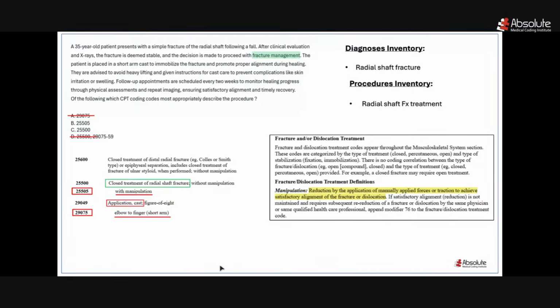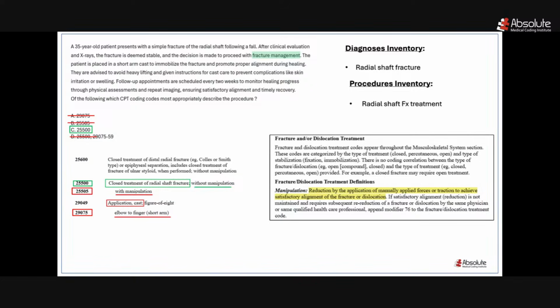I don't see such language in the scenario, which means a fracture treatment was performed without manipulation. Yes, there was no such documentation, and that eliminates option B, which makes option C the correct answer: 25500, a closed treatment of radial shaft fracture without manipulation.